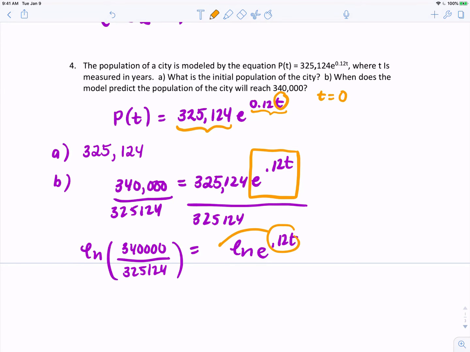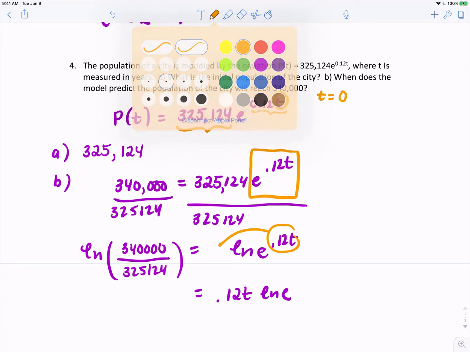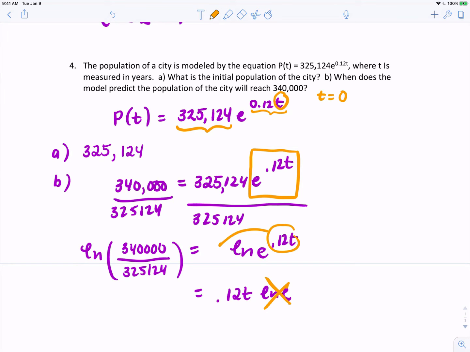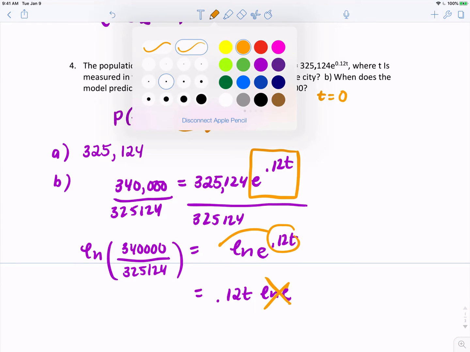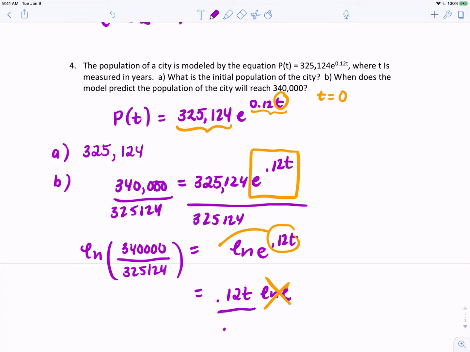So on the right side, we're going to have 0.12t times the natural log of e. We know that the natural log of e is equal to 1, and so to solve this for t, we would have to divide both sides by 0.12. So if we take this and divide it by 0.12, we're going to have our value for t.